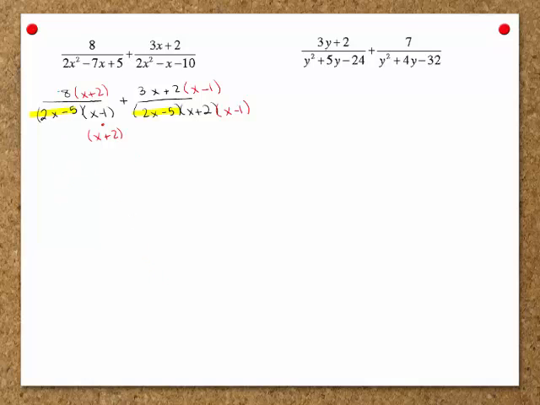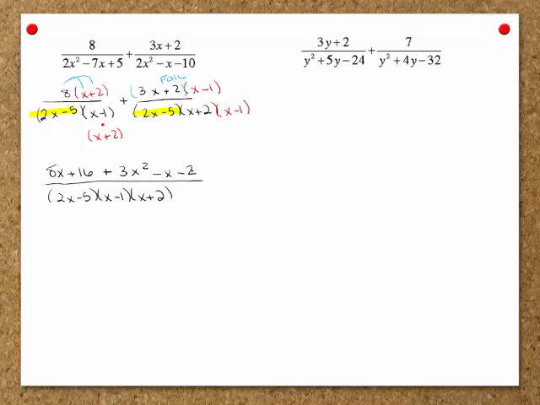I'll then distribute this 8 and I'll FOIL 3x plus 2 times x minus 1. So first, outside, inside, last. That will give me 8x plus 16 plus 3x squared minus x minus 2 over 2x minus 5 times x minus 1 times x plus 2.